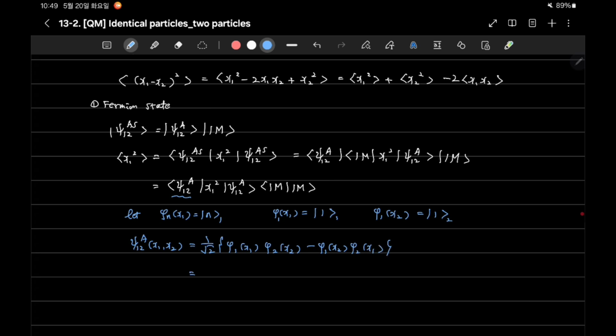So for simplicity, let's write it as 1 over square root 2: quantum number 1 at x1 and quantum number 2 at x2, minus quantum number 2 at x1 and quantum number 1 at x2.